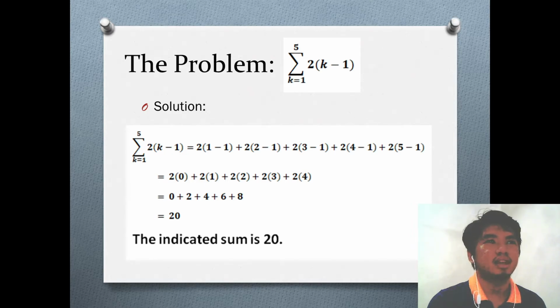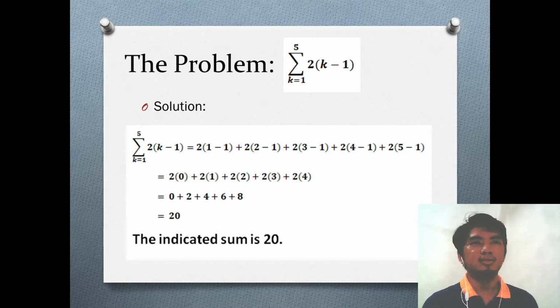Gonna substitute the k. So 2 multiplied by 1 minus 1 plus 2 multiplied by 2 minus 1 plus 2 multiplied by 3 minus 1 plus 2 multiplied by 4 minus 1 plus 2 multiplied by 5 minus 1.